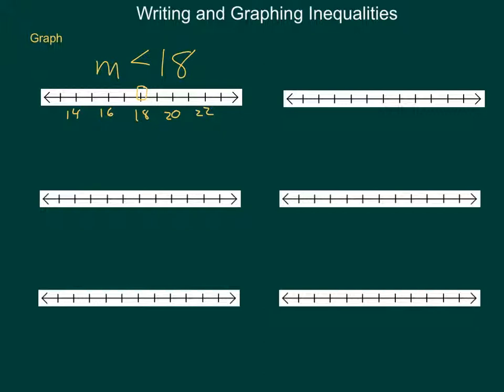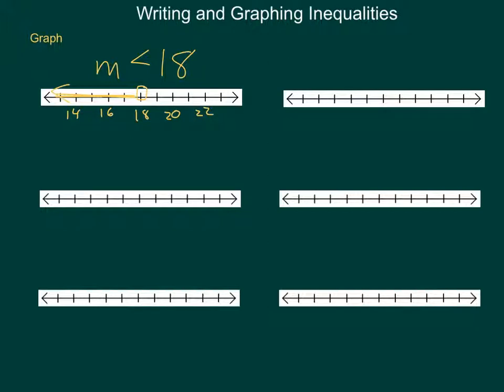Then, because I'm using a color that's easy to see and different than what is showing up on the board itself, I'm simply going to shade to the left in the direction of the inequality and put my arrow. So anything to the left of 18 would be a solution. The arrow denotes that it goes on continuously.